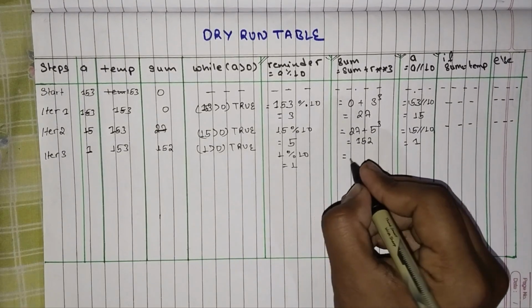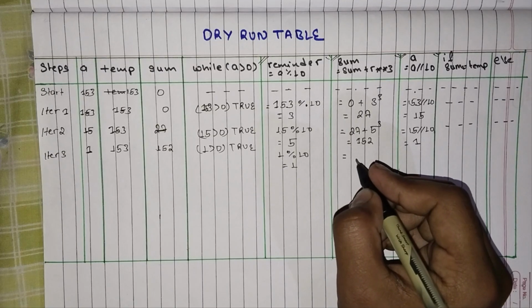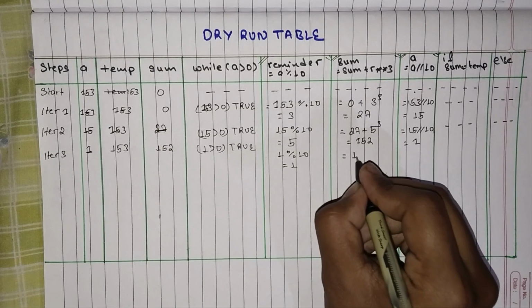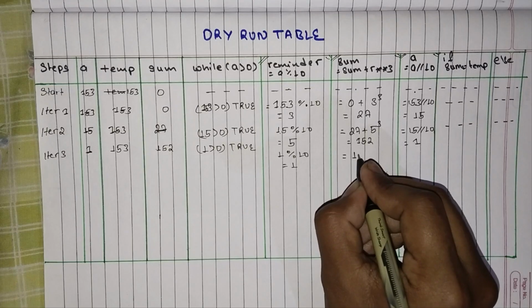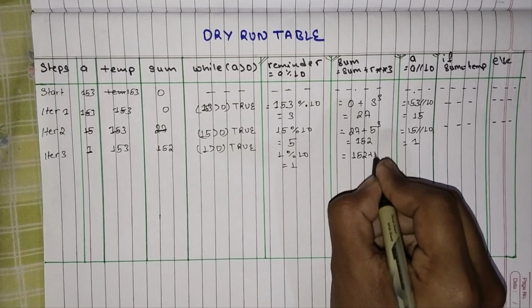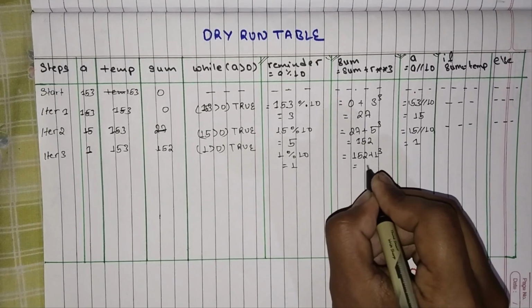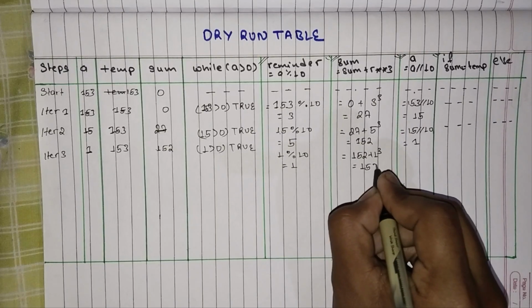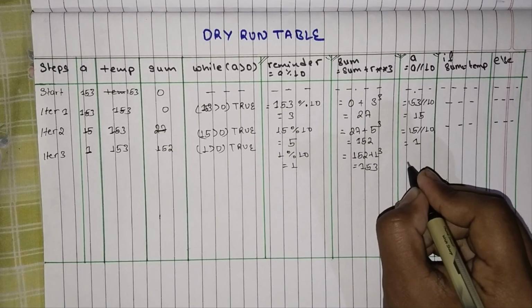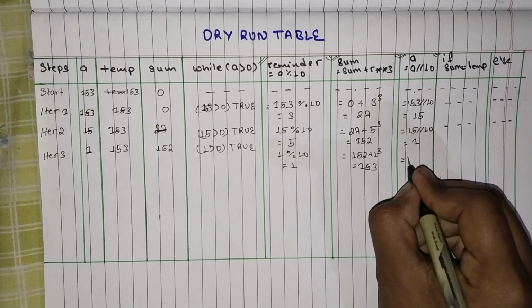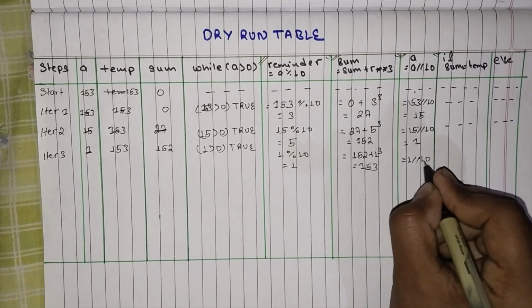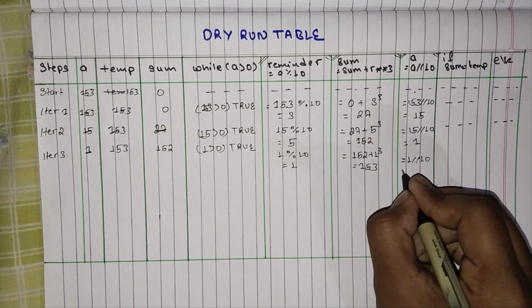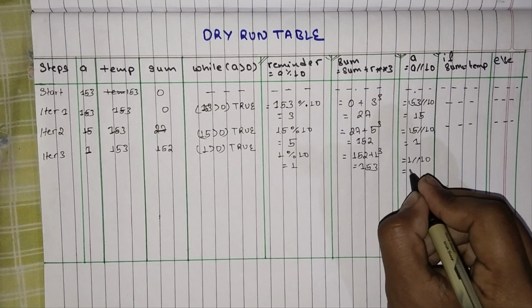And now 152 plus 1 cube, that is equal to 153. And as we proceed again, it will be 1 divided by 10, and now it's 0.1, right? But it stores only 0.